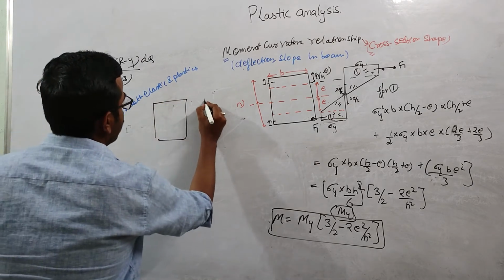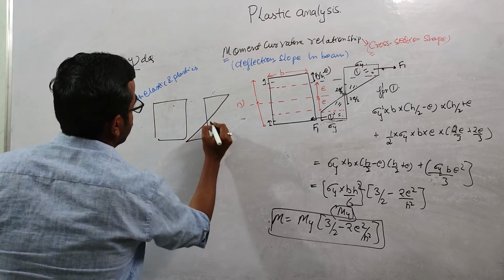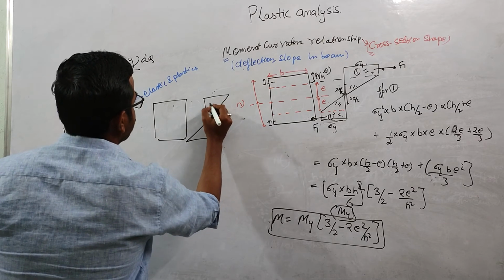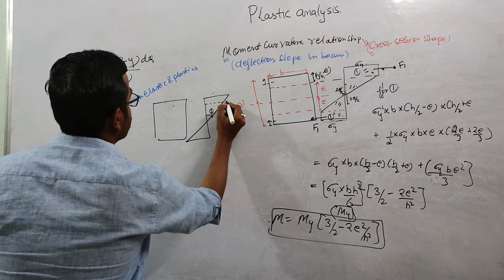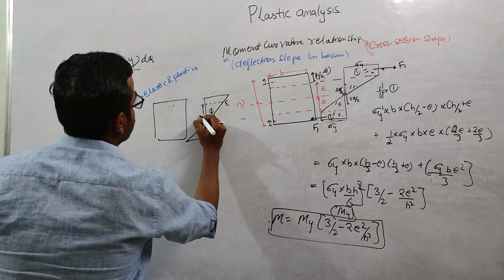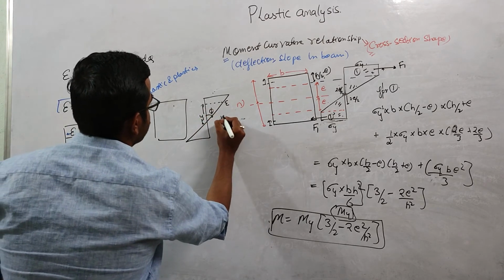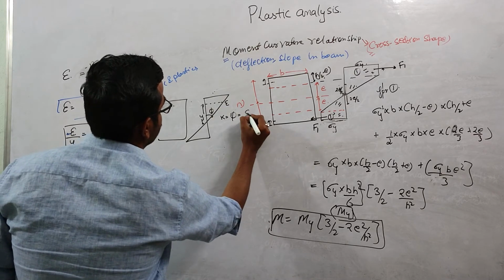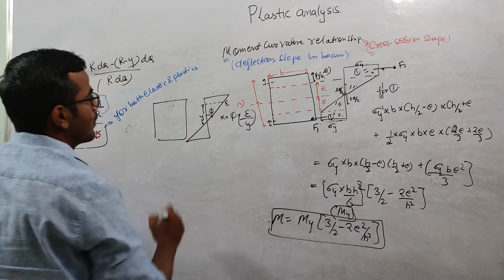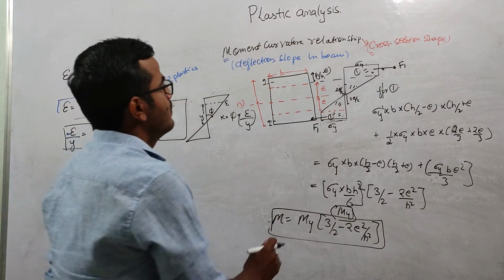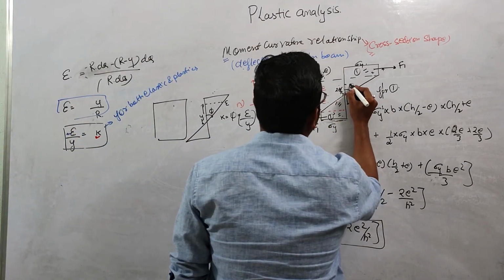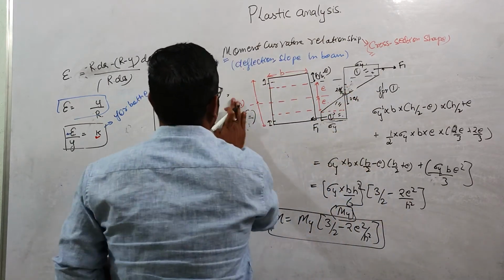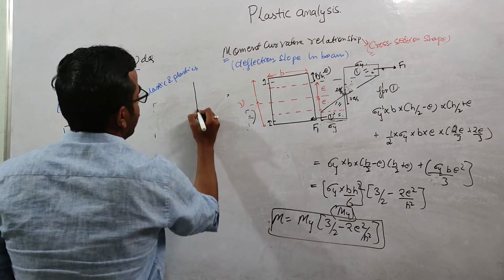Through this formula, we can say that the curvature is nothing but this phi value, the strain at this y level, epsilon over y. Here also the curvature will be this phi value. In this case we need to draw the strain diagram, and the strain diagram will always be linear.